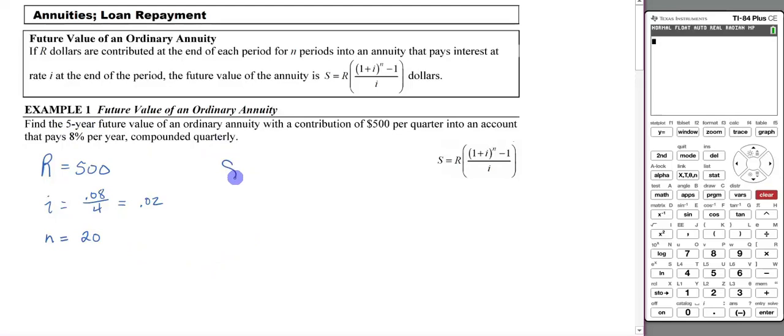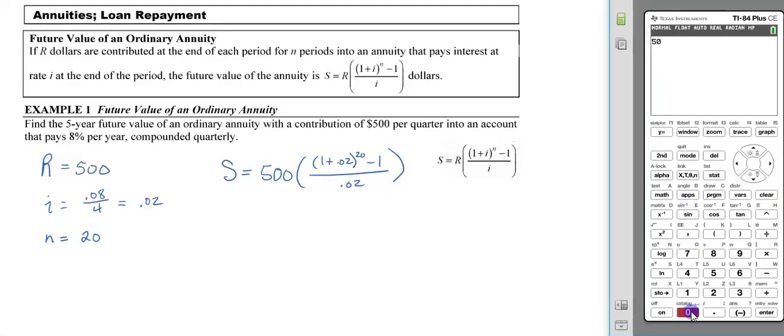Let's go ahead and put this all in the formula. S is 500 times 1 plus 0.02 to the 20 minus 1, divided by 0.02. Let's put that into our calculator. We have 500 times, open up parentheses, and if you want you can use the fraction template.